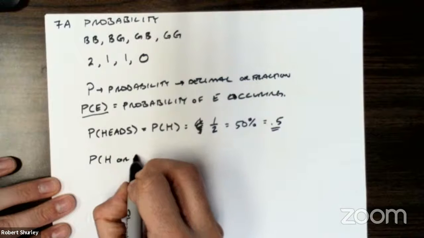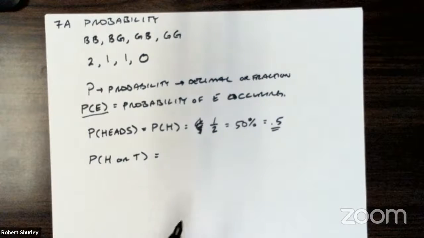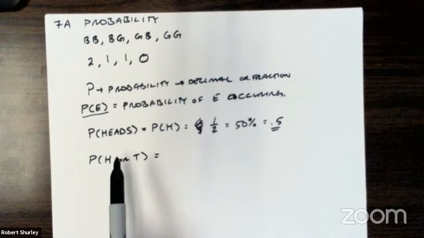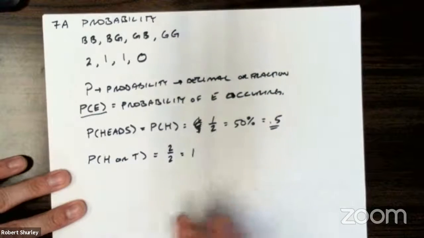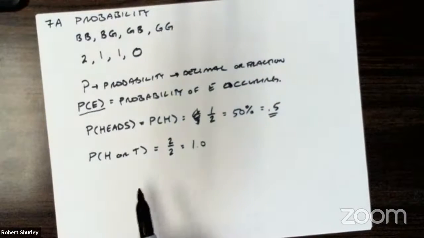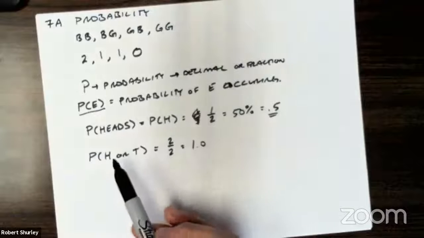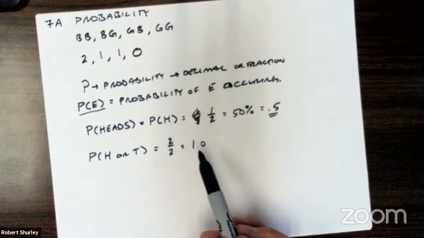Well, these are the only two outcomes, right? The probability of landing on heads or tails would be 2 out of 2, so 1. If you want to write it as 1.0, that's fine. It's 100%. If you toss a fair coin, the probability of landing on heads or tails is exactly 1.